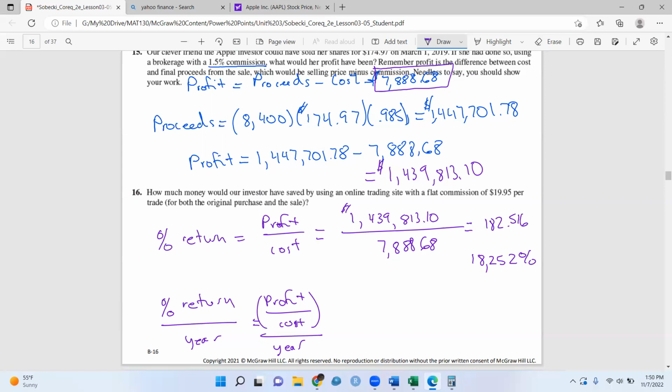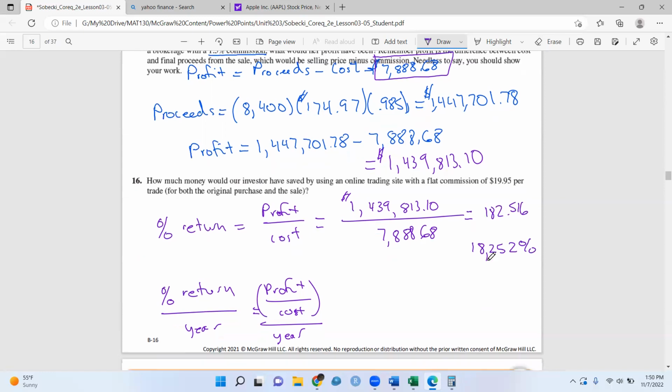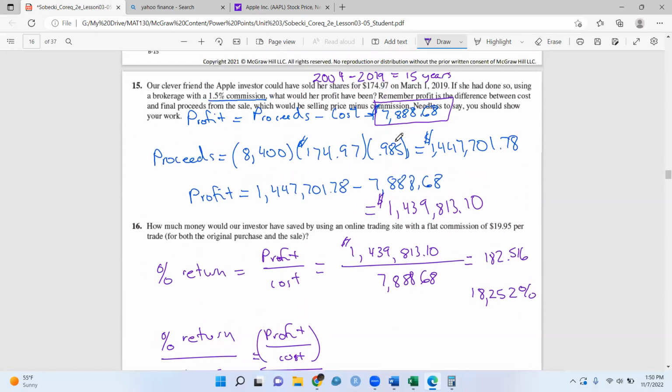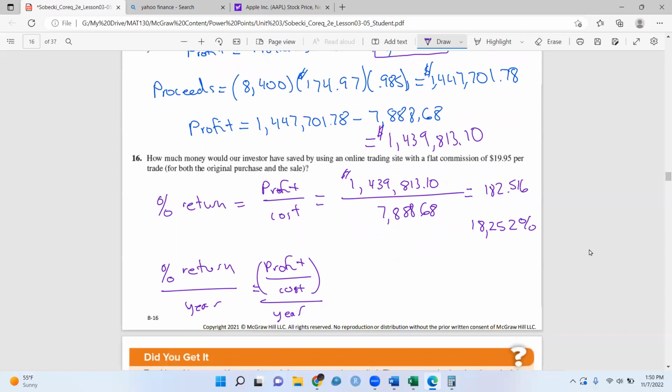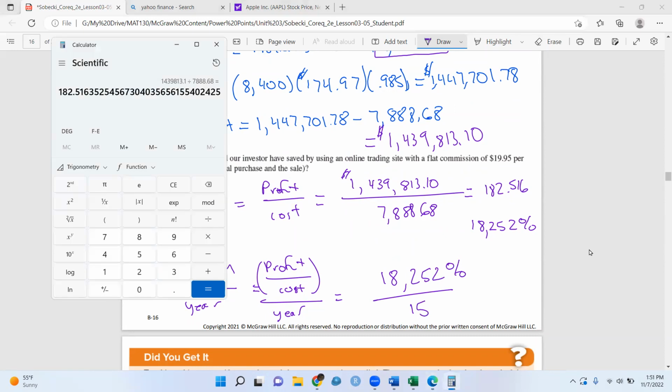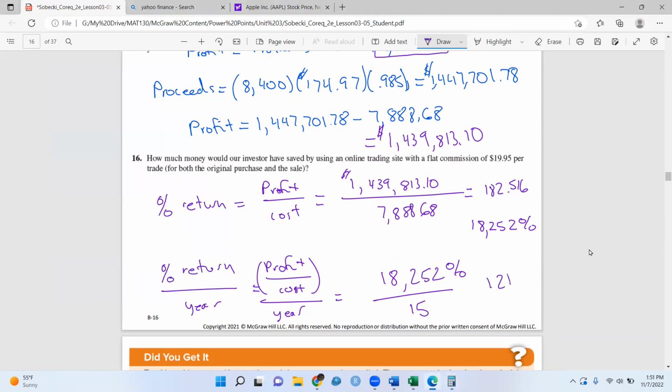Amazing. Now, that's not a really good measurement. It hides the fact that this happened over a 15-year time period. So what we really want to do is divide out this percent and get our annual return rate. That's what matters the most. So we'll divide this by 15. And you get about 1,217% per year.